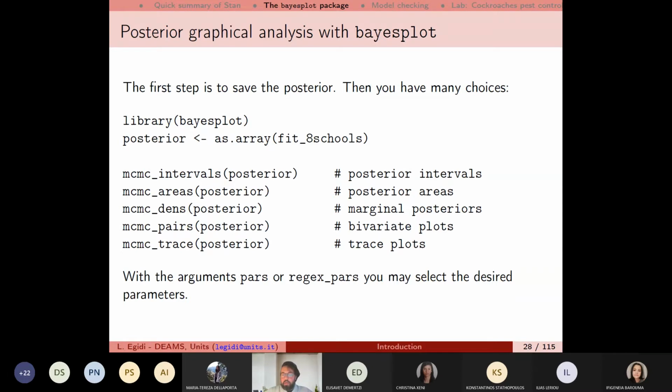So in this step, we are just analyzing the posterior distribution. In a while, we will see how to use this package and its functionality also to explore other aspects of the model, to check the model.